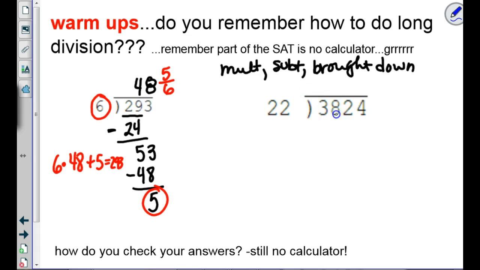22 goes into 38 once. We multiply. We subtract. We bring down. Okay? Then 22 into 162. Sometimes we kind of have to take a guess. Well, 5 times 22 would be 100. 5 times 20, I'm rounding to 20. 6 times 20 would be 120. 7 times, it might be 7.